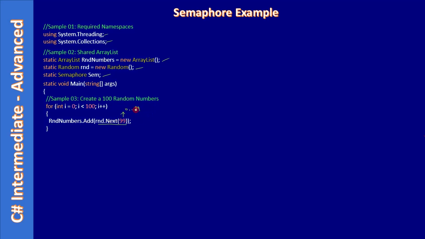So a random number between 0 and 99 will get added to the ArrayList slot, and since it is running 100 times, there will be 100 slots and you will see random numbers in each slot.